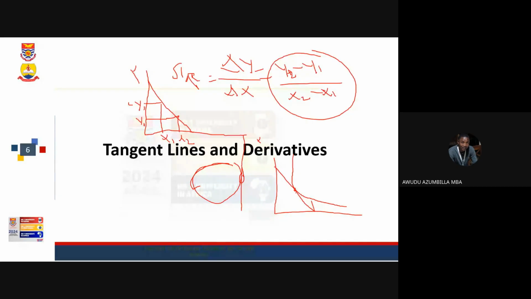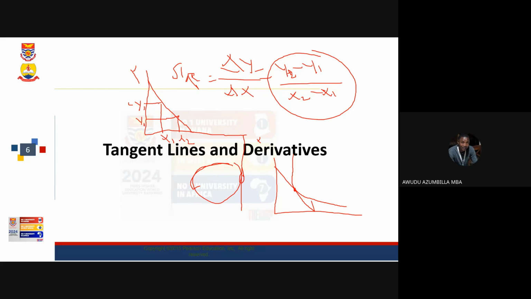So how do we find the slope at that tangent point? This small point here, how do we find the slope? It becomes very difficult for us to find the slope at that point. How do we look at the changes? We are talking about differentiation or derivatives of a tangent line. We are talking about how the function or the curve changes.